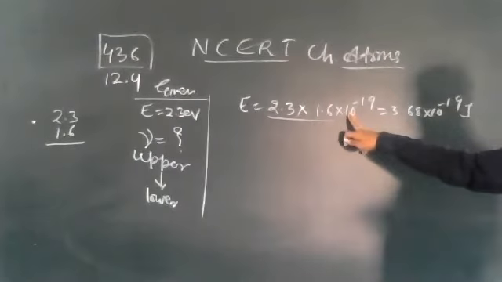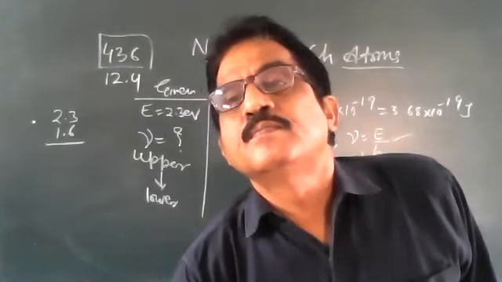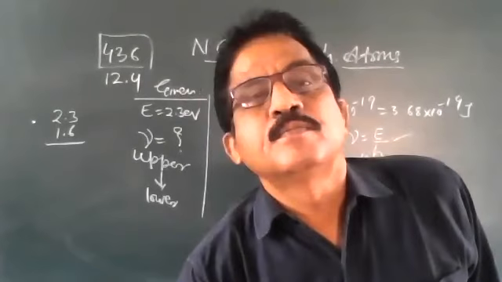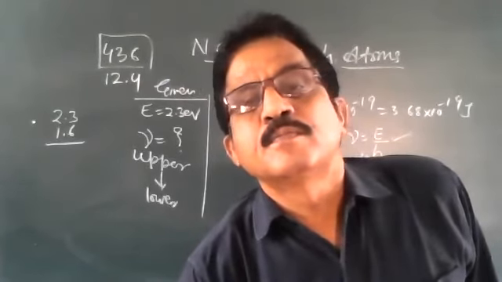We can write the formula, that is 3.68 into 10 to the power minus 19 divided by h. Yes, little bit of problem.